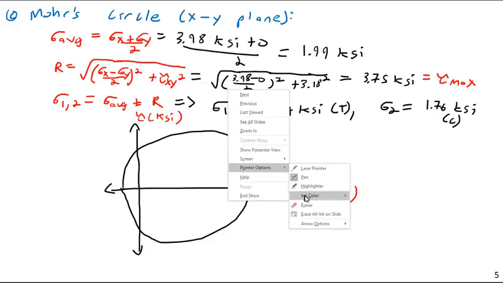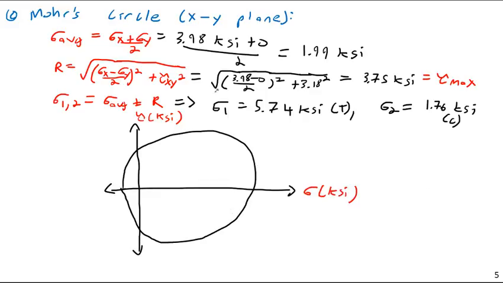And now our H is going to be here. So notice our H is our pure torsional state. So it has no normal stress, only shear stress. This is our H point. But notice our point of pure torsion is not actually our point of maximum shear stress. Our point of maximum shear stress is actually going to be up here.